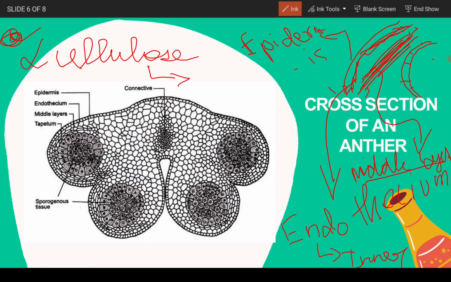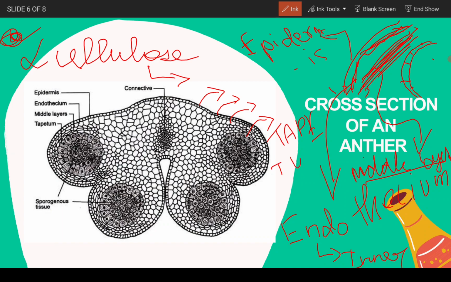So let's come back to our discussions. Now we are done with three layers, from outside to inside. We are singing the song, children. Outside to inside: epidermis, endothecium, middle layers, and there comes a next layer which is not yet discussed. It is the most important layer actually, the tapetum.